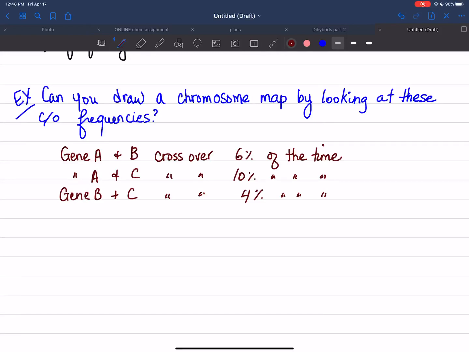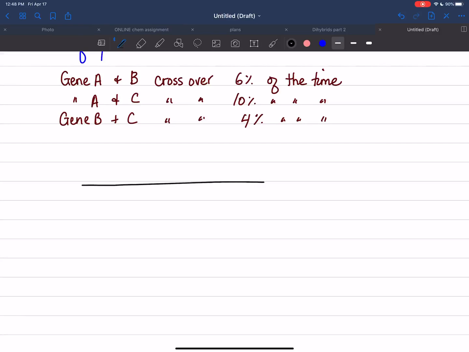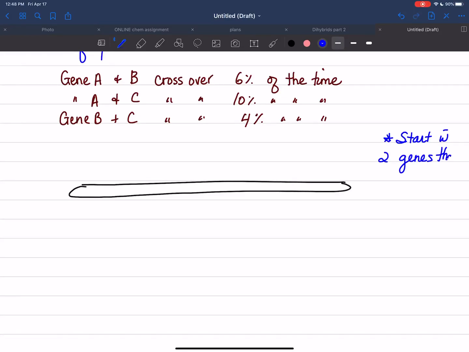Okay, so the way you would do this is you start by drawing a chromosome. You could draw it like that, or you can make it a fancy one, and I'm just drawing it on the side, just like that. And then the rules for this are actually quite simple. What you want to do is start with the two genes that are the furthest apart, and then move your way in.